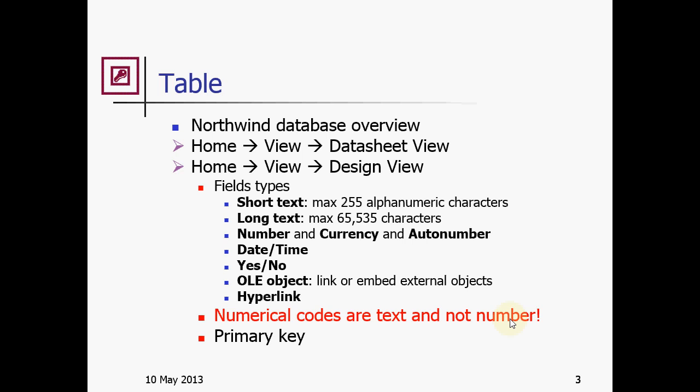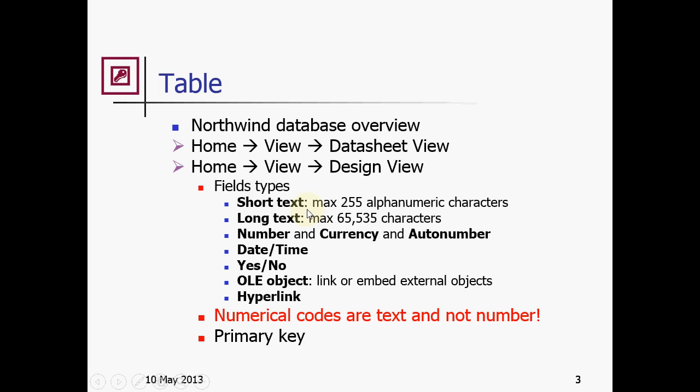You will never take a telephone number and subtract it from another telephone number, getting the difference of the two telephone numbers. No, it's meaningless. So whenever applying mathematical operations is meaningless, even though the telephone number looks like a number, it's not a number, it's short text. So please, when designing a database, if you have telephone numbers or any numerical code, it's not a number, it's short text.